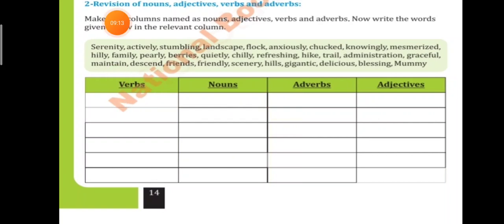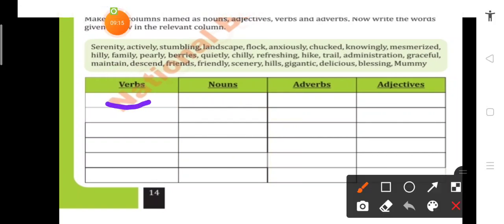So verbs are also called action words. So you have to identify where the verbs are, like here chucked, that is a verb, and then mesmerized, that is a verb. Okay, and then there are some other verbs as well.